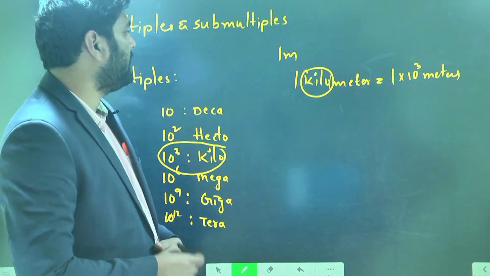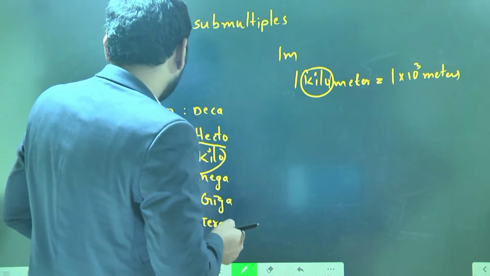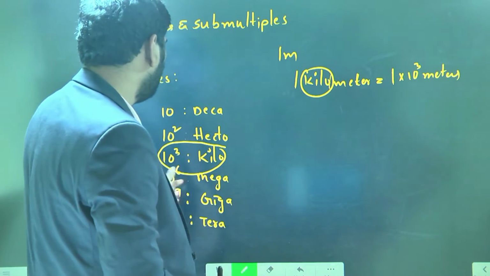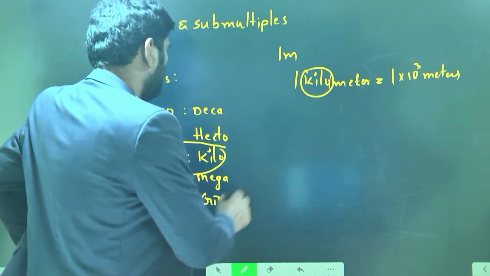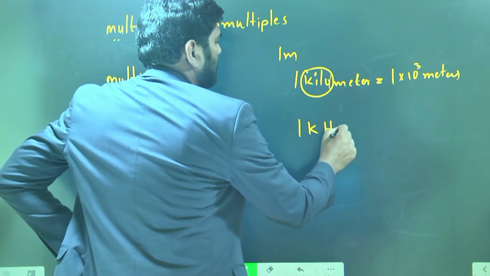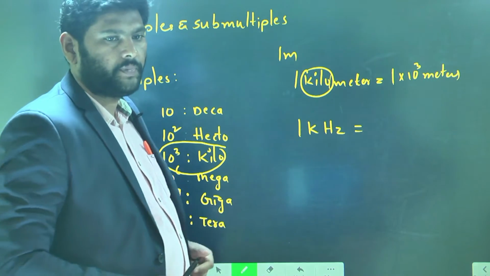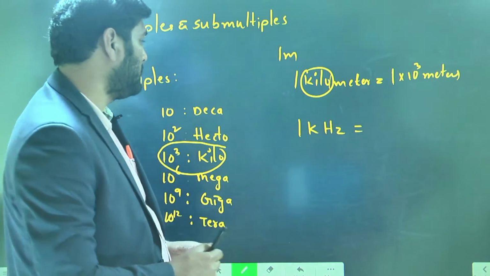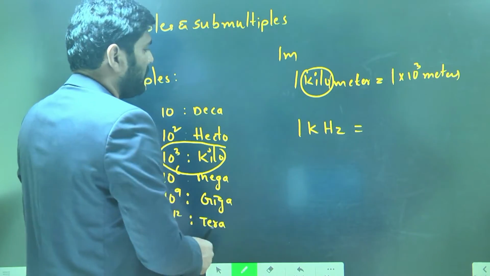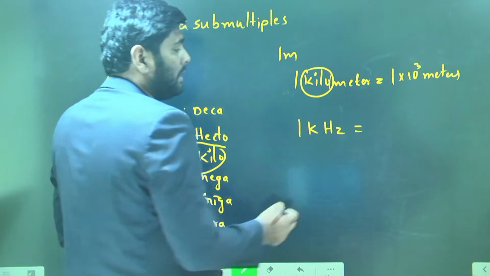In the same way, for example, take 1 kilohertz. Hertz is a frequency unit. Here K stands for kilo. How can we convert kilohertz to hertz?